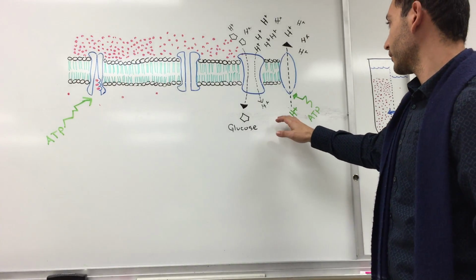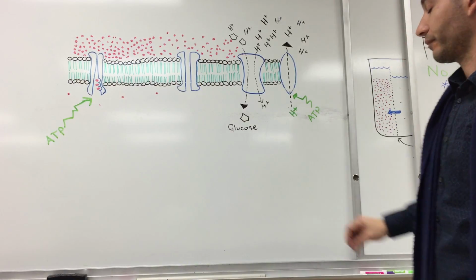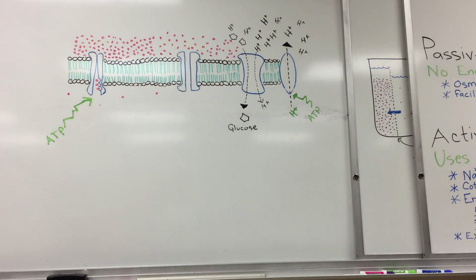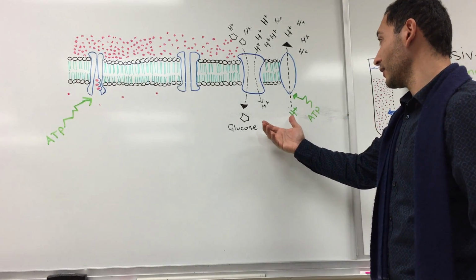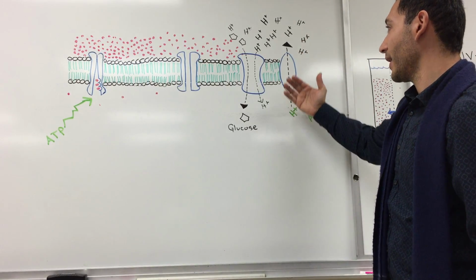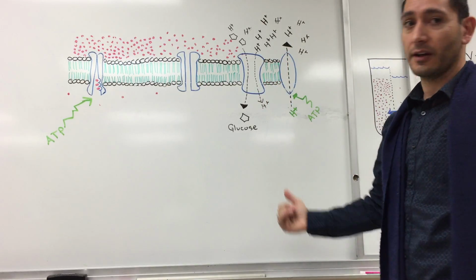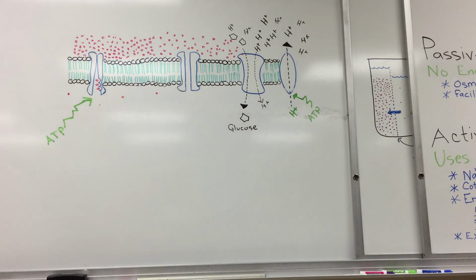Endocytosis is... the word cytosis comes from the word cell. Endo means to take in, so anything that comes into the cell is technically endocytosis. And this is generally, we're talking generally about things coming in bulk.